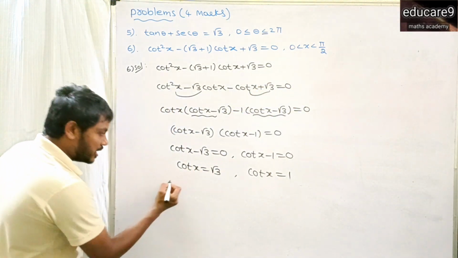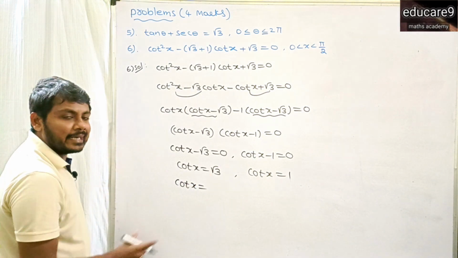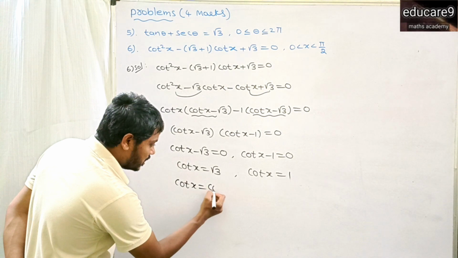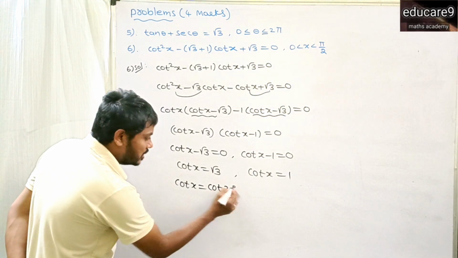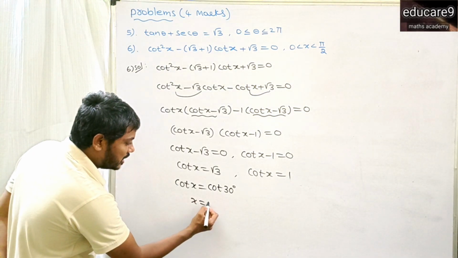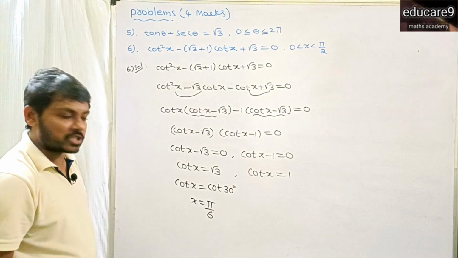So you can find it directly. Root 3, write in terms of cot. See here, we know that cot 30 value is root 3. Therefore what is the x value? 30 degrees. 30 can be written as pi by 6.